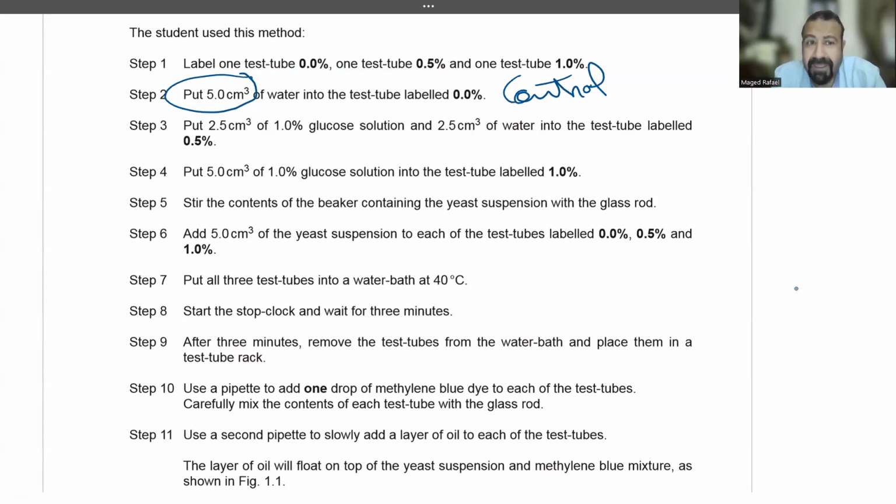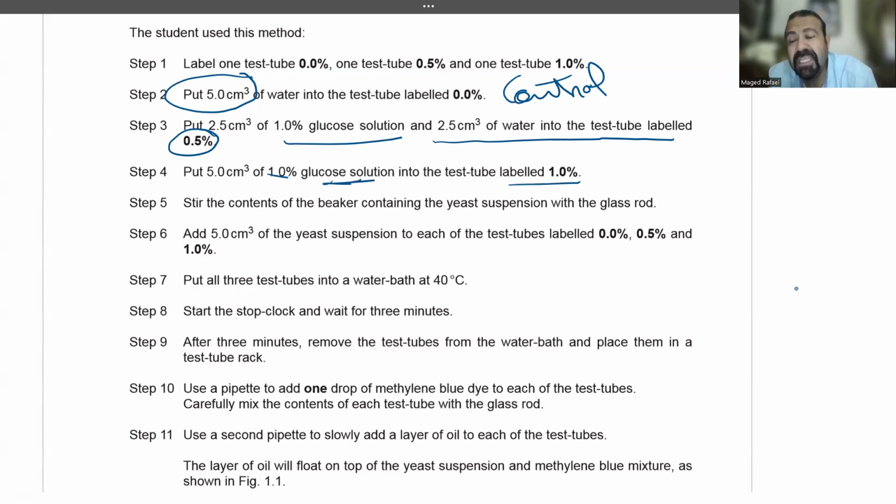For step 3, he put 2.5 cubic centimeters of 1% glucose and 2.5 cubic centimeters of water in the test tube labeled 0.5%. He put 5 cubic centimeters of 1% glucose solution into the test tube labeled 1%. So he changed what? He changed the concentration of glucose. So now we know the independent variable, which is the concentration of glucose, and the dependent variable, which is the time taken to change the color of methylene blue from blue to colorless.